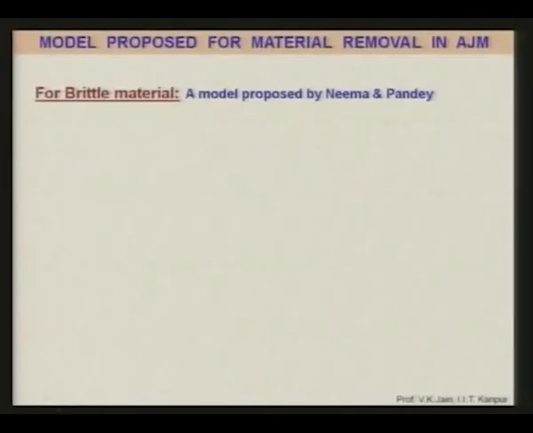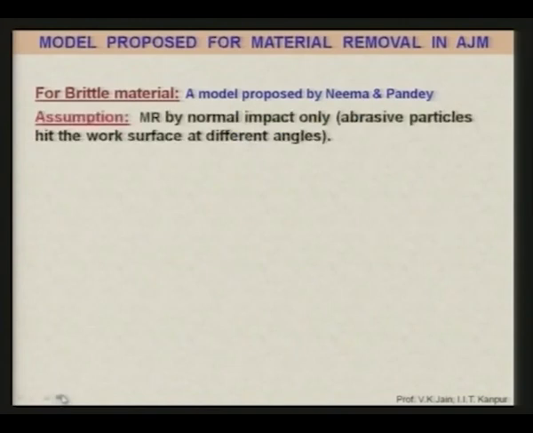A model for material removal in AJM for brittle material was proposed some time back by Nima and Pandey. The assumption they have made is material removal by normal impact only. That means the abrasive particle is hitting the workpiece surface at an angle of 90 degrees. They are not considering the abrasive particle hitting at a certain angle other than 90 degrees.